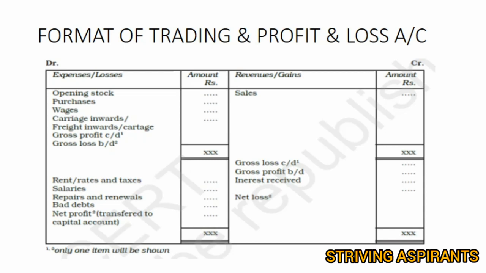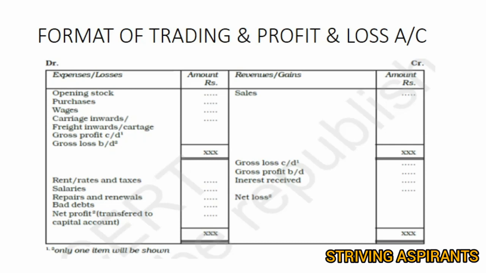So let's see the format of a trading and profit and loss account. We can see in the first part, the expenses are shown on the debit side, left side, and on the credit side we can see the revenue or gains. The first part is the trading account.